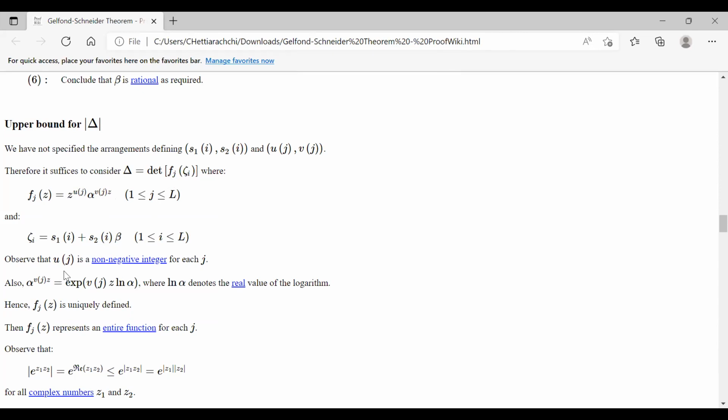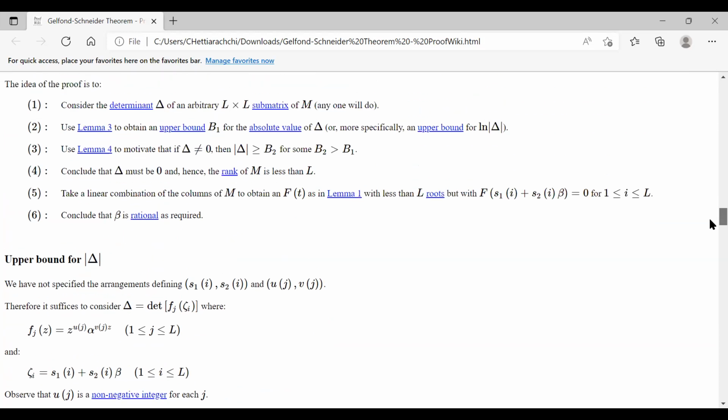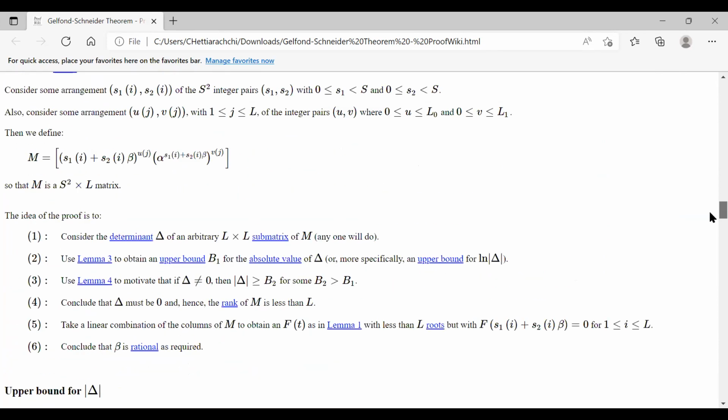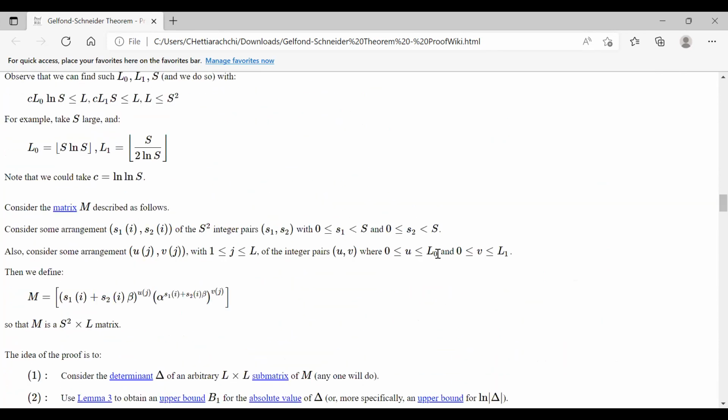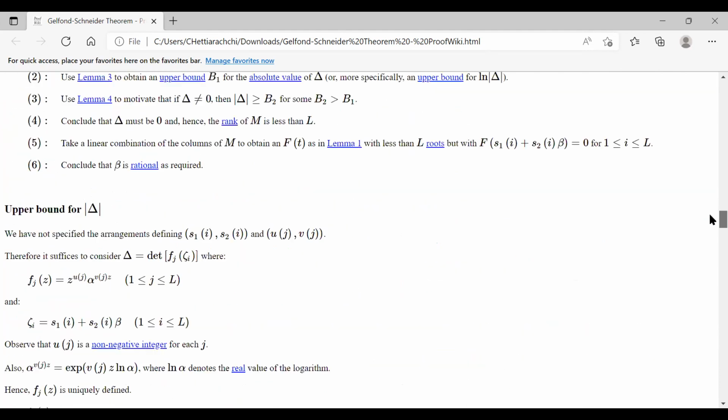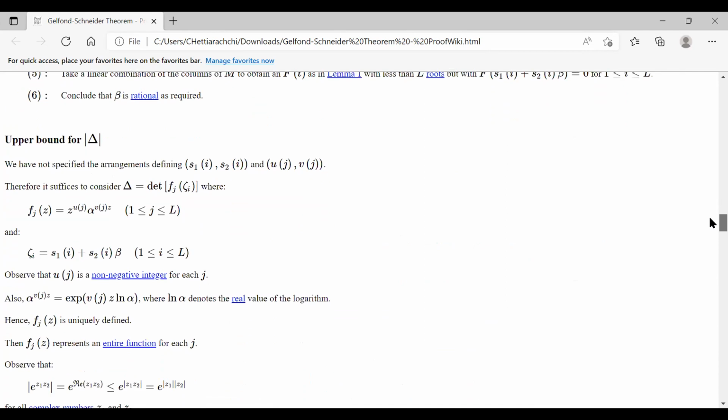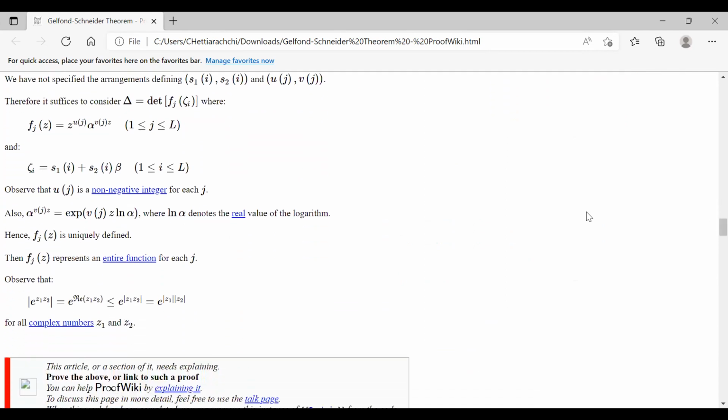Now we see that uj is a non-negative integer for each j, because we said uj is between 0 and L0. Then we can write alpha to the power vj z as the exponent of vj z ln alpha, where ln alpha denotes the real value of the logarithm.